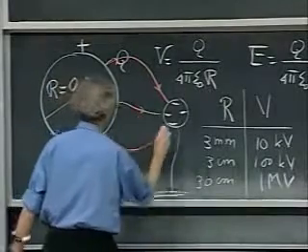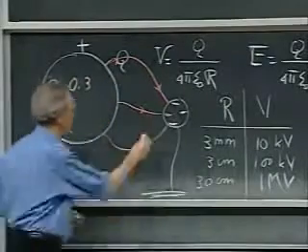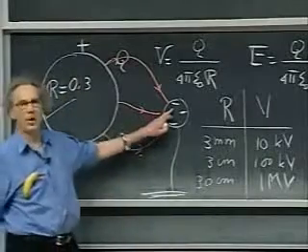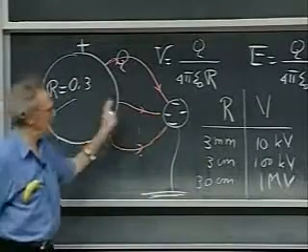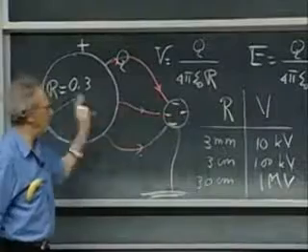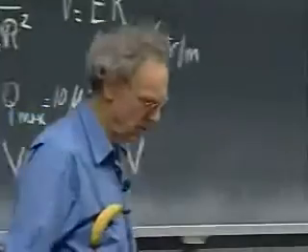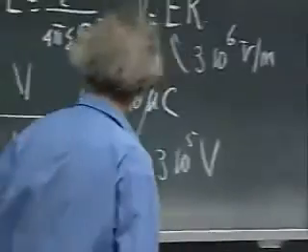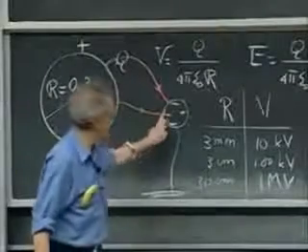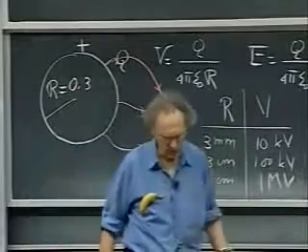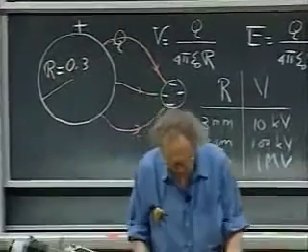So they go like this. And so the electric field here will probably be the strongest, and so the spark will then develop between this sphere and the Van de Graaff, provided that you are close enough, so that you do achieve an electric field close to this sphere of about 3 million volts per meter. And I will show you that later.